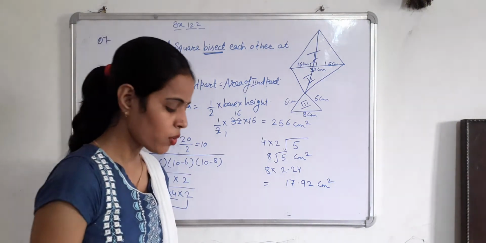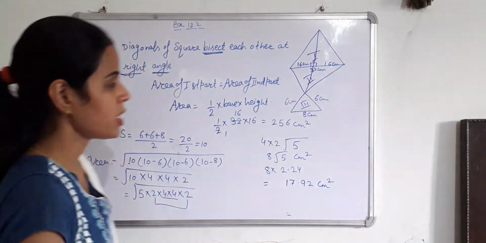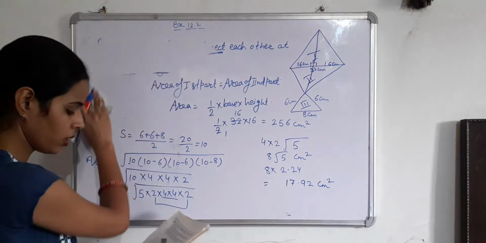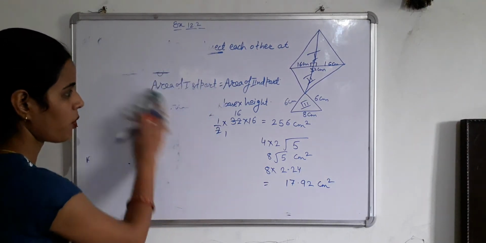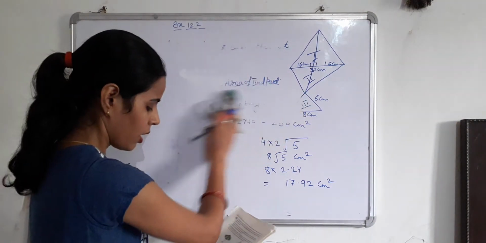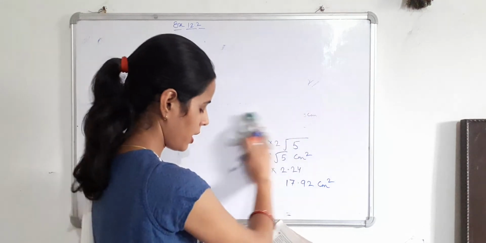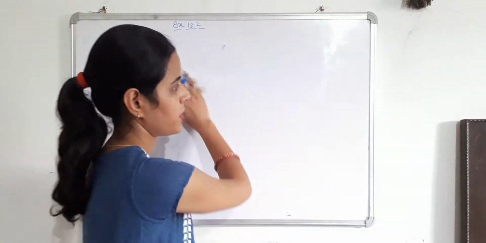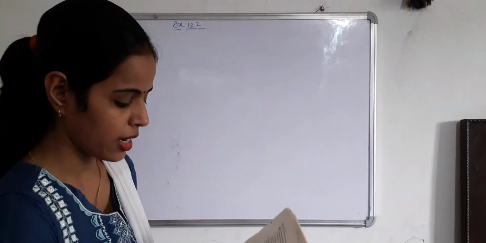Now we are going towards question number 8, which says that a floor design on a floor is made up of 16 tiles which are in the shape of a triangle, having sides 9 centimeter, 35 centimeter and 28 centimeter.